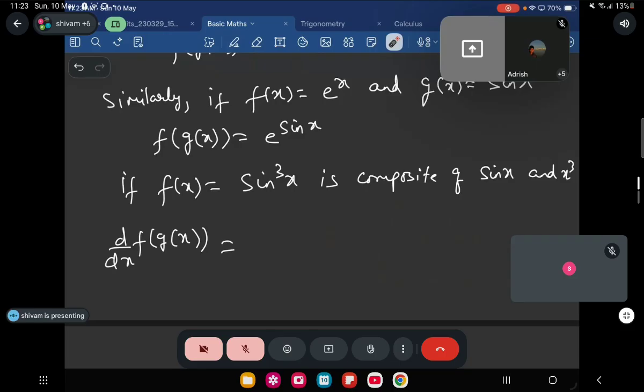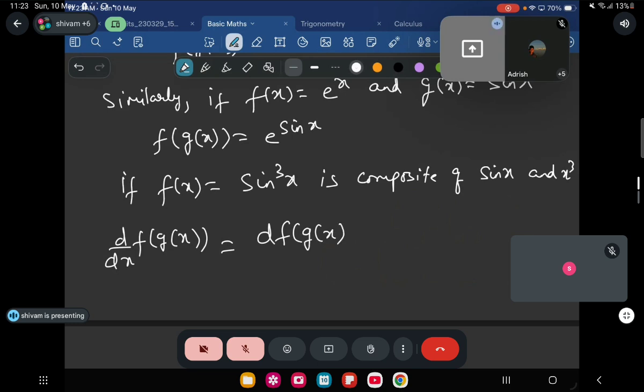So over here also you have to form a chain. Just like I told you, f of g of x is a function in g of x before it is a function in x. So first of all you differentiate f of g of x with respect to g of x.